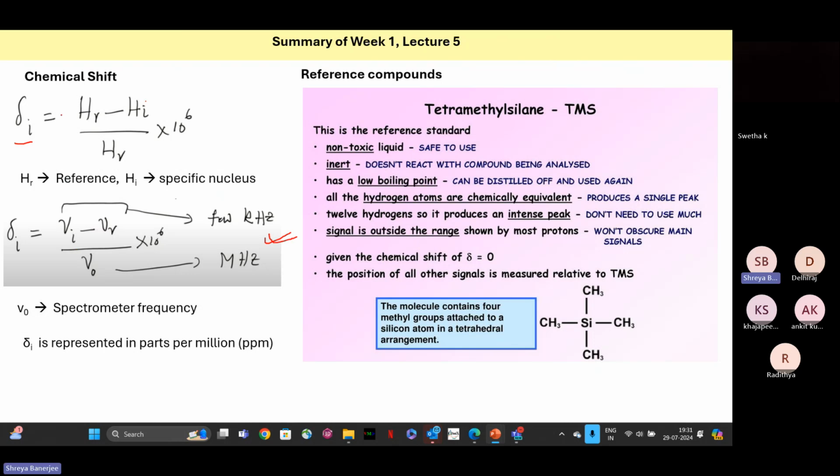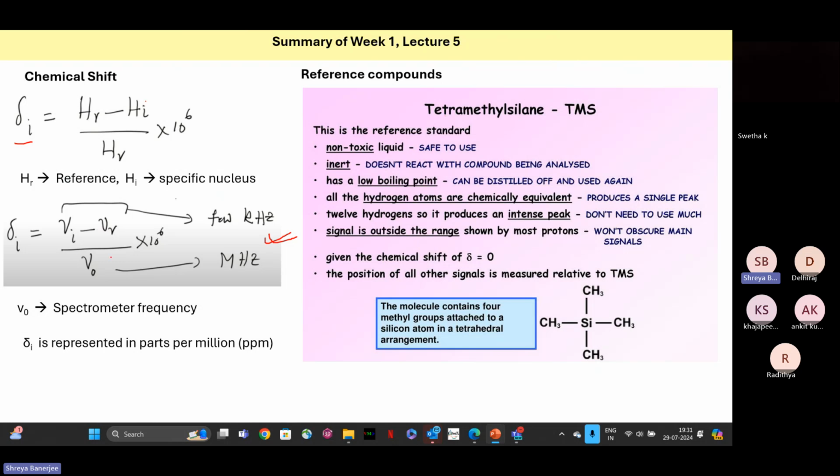So this equation can be transformed to this equation, where instead of the magnetic field, you have the frequency. The numerator is basically the frequency difference between your reference and the nucleus under study. For the reference, normally something like TMS or tetramethylsilane is taken.